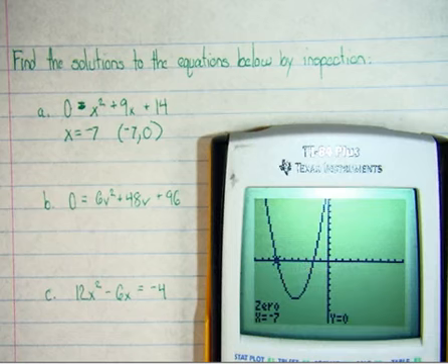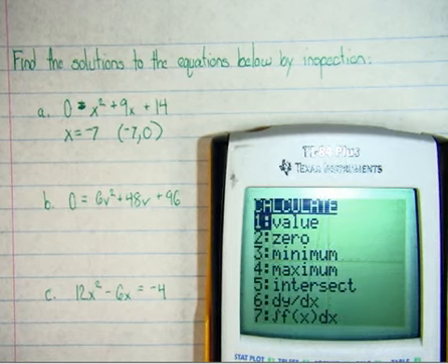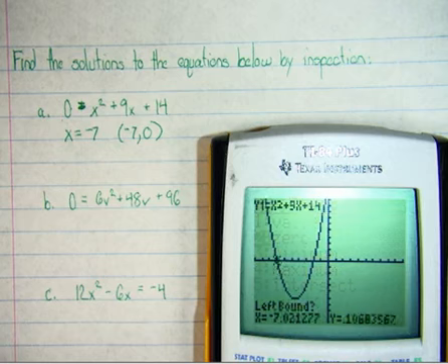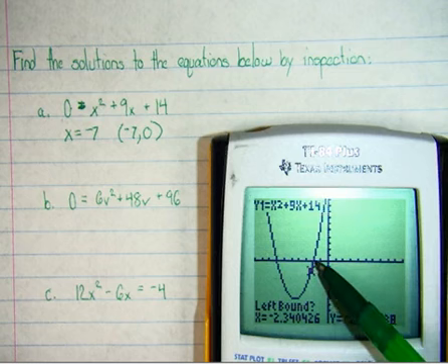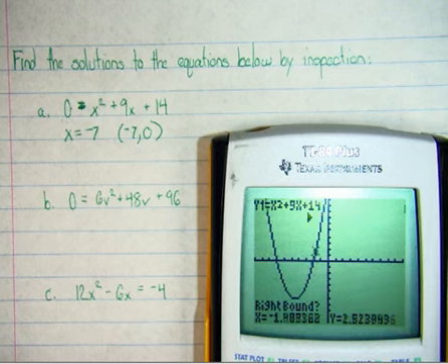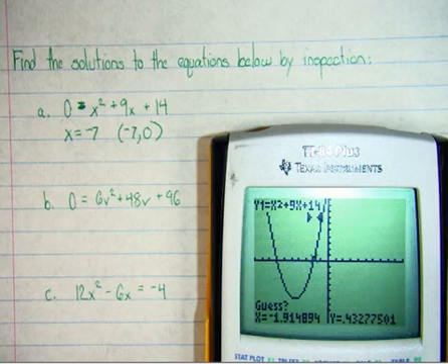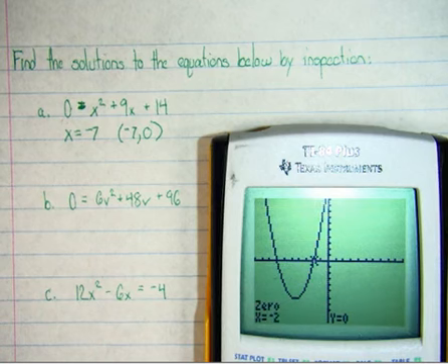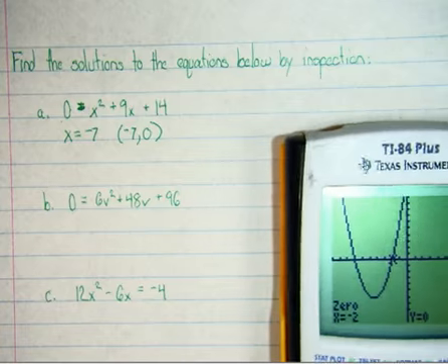Now, as I said, this has two zeros, so I need to go calculate the other one. It's asking me for the left bound, so I'm going to make sure my cursor is on the left side of this zero. My right bound, my guess, and it's telling me that the zero is at -2.